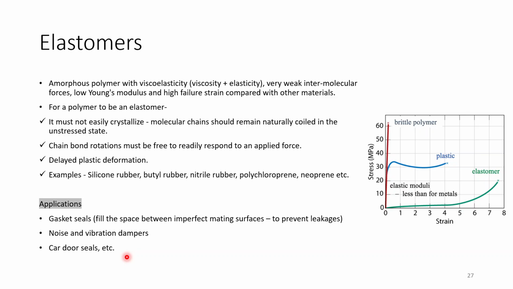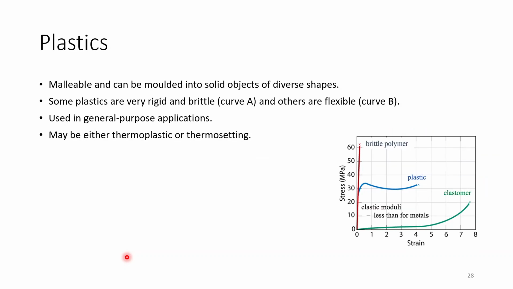Applications include gasket seals, which fill the space between imperfect mating surfaces to prevent leakages, and other applications include noise and vibration dampers and car door seals, etc. Next is plastics.